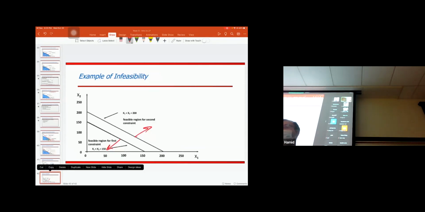The second one could possibly happen, sometimes you cannot satisfy all the constraints. So we say we have infeasibility. We don't have a feasible region to then look at the maximization or minimization of the objective function.